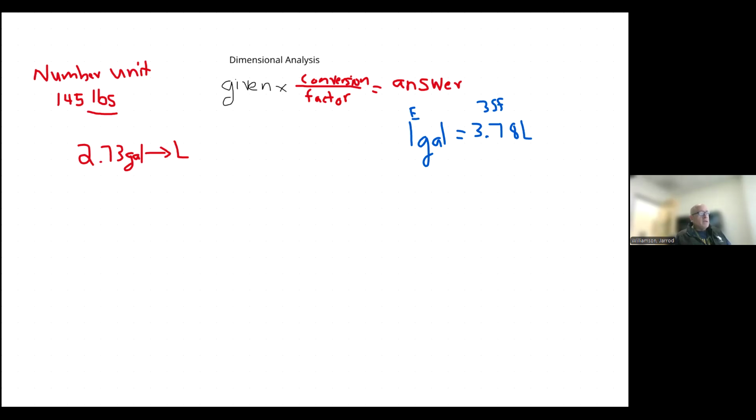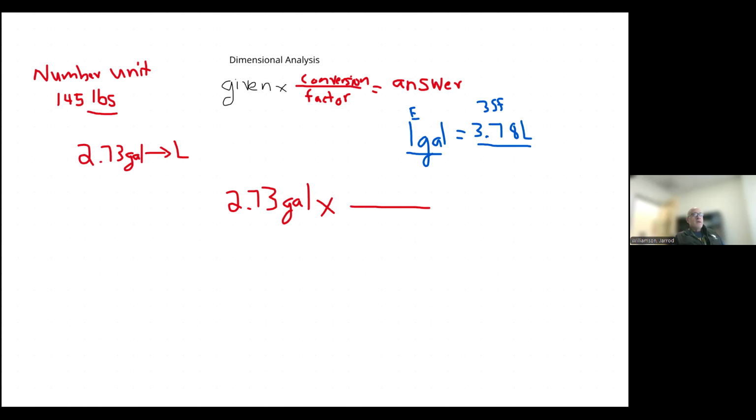So now I'm going to take my given and I'm going to write it down here. 2.73, and I'm going to write gallons. GAL is the abbreviation for gallons. And I'm going to go times, and I'm going to put a line. Okay. Now I'm going to pick pieces. I got 2 pieces to my conversion factors. I got this piece, the gallons piece, and I got the liters piece.